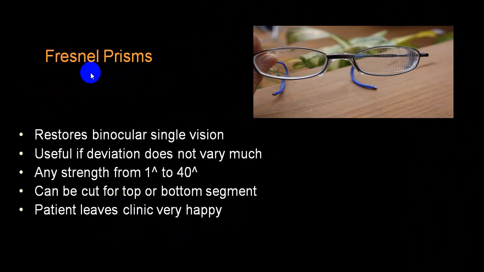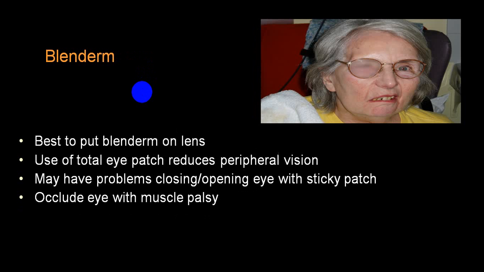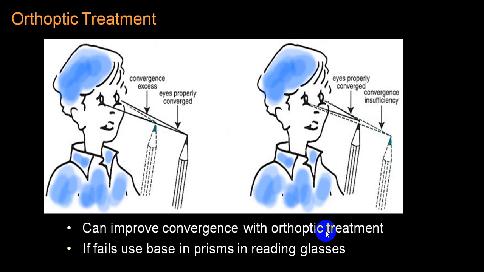This can be done by using Fresnel prism, which will improve to some extent and may help a good number of people, or you can use a Blendum patch so that he can have a good vision with the non-affected eye, or he can go for ortho-optic treatment, and that can improve the convergence.